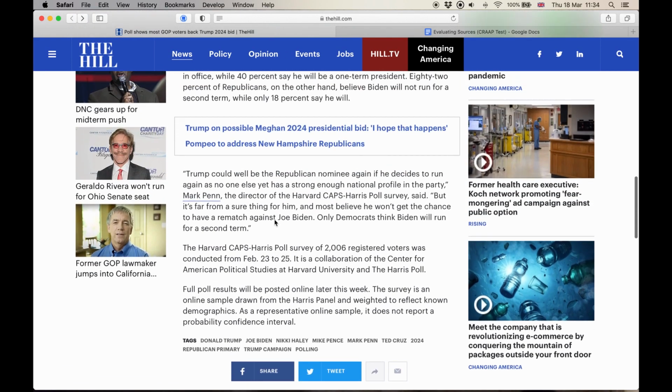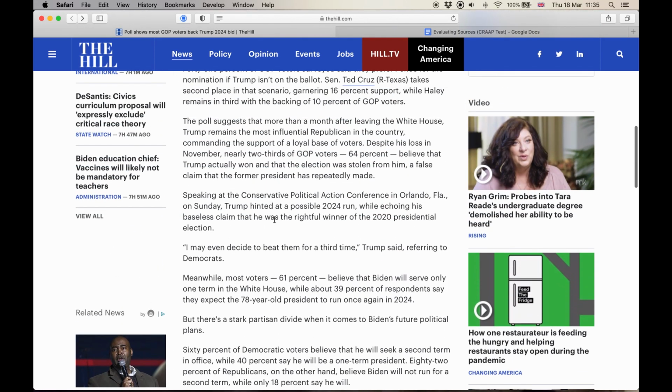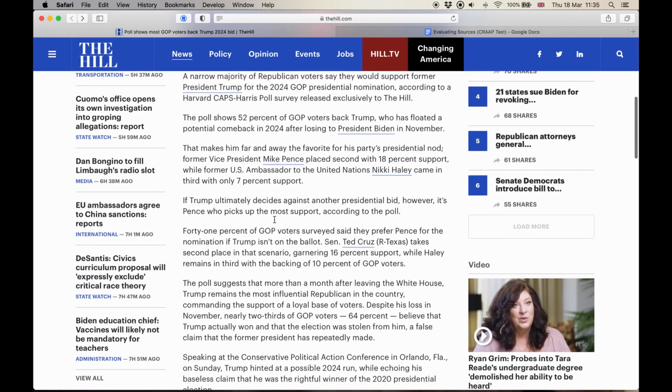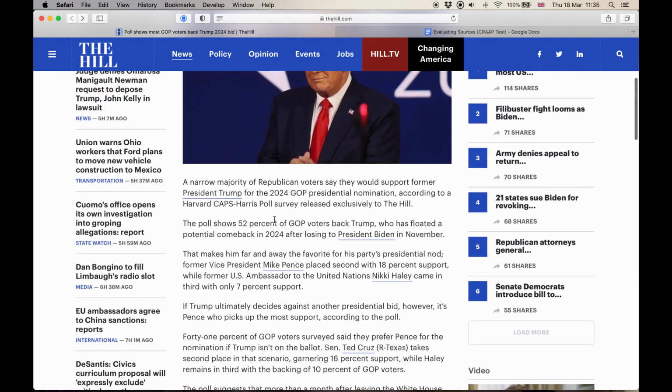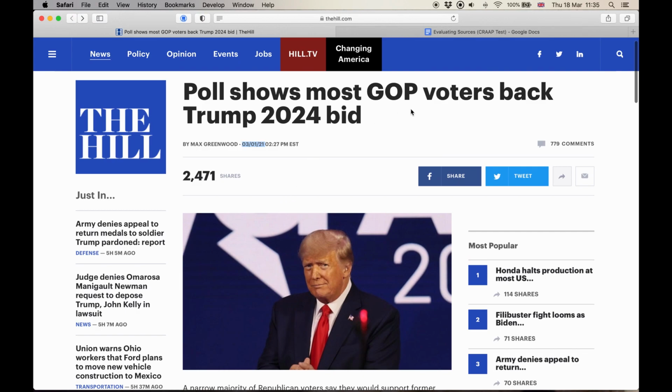Well, I've read this article, and I don't think there are a lot of mistakes, but there are some issues. This poll says that most Republicans want Trump to come back. There are over 300 million people in the United States.